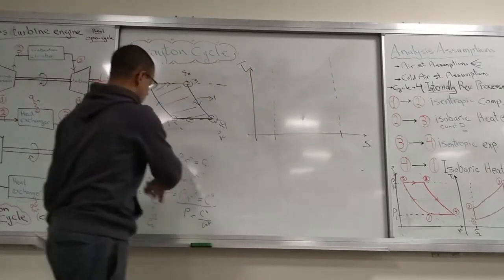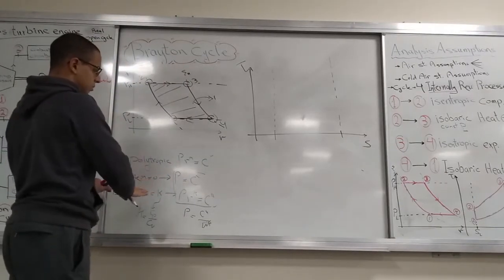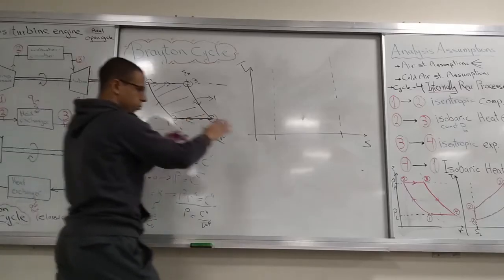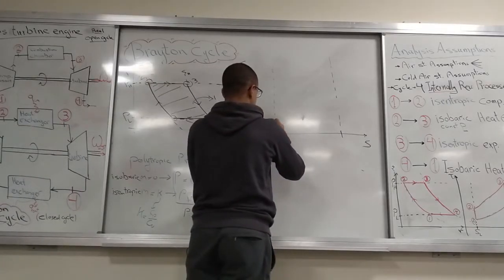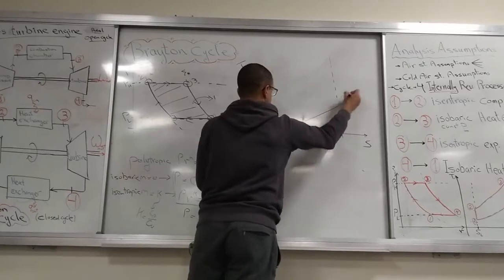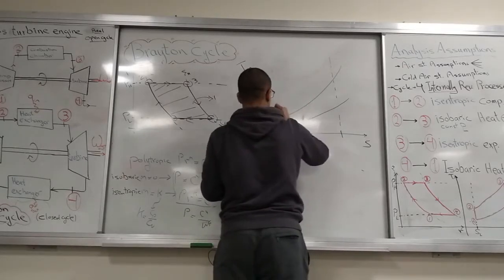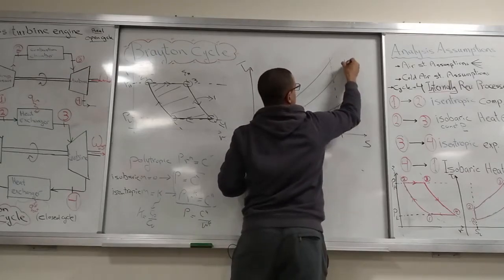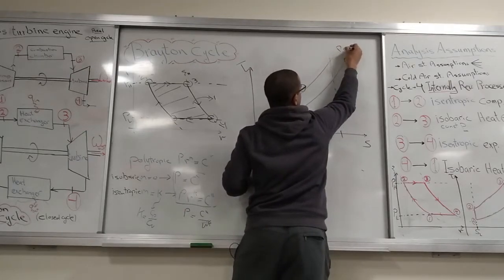Given the polytropic discussion, with different coefficients, this is applied to the TS diagram to get the isobar lines like this. This is P, this is P, this is P, all constants.